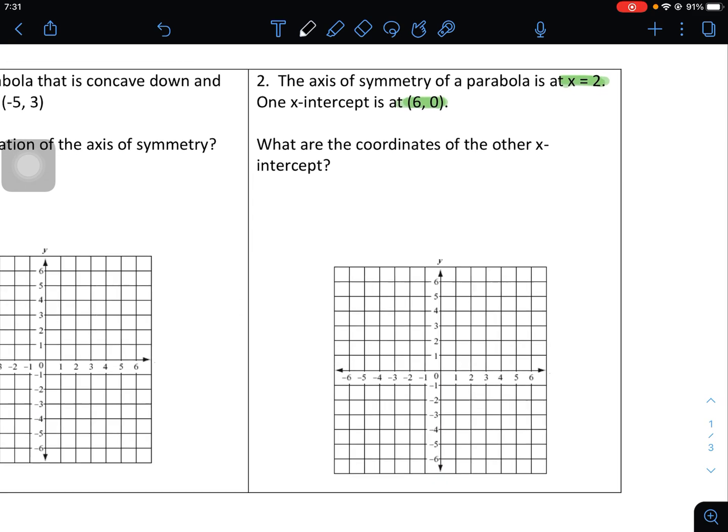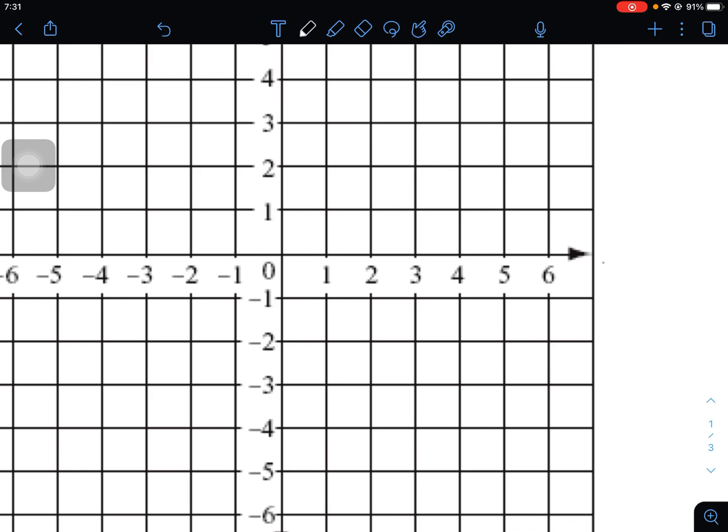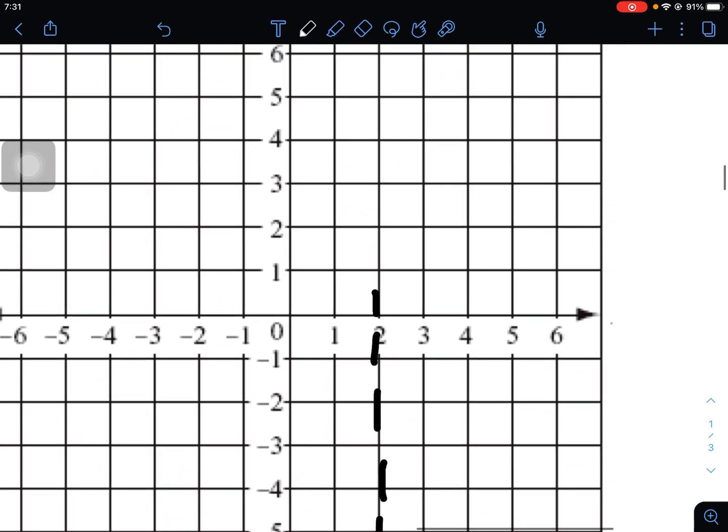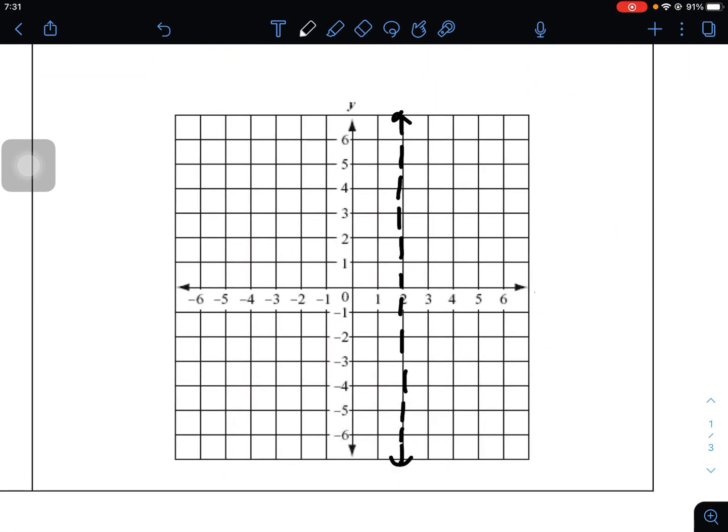Let's graph. If the axis of symmetry is at x equals 2, that's the vertical line that goes straight through the x value, x is equal to 2. It's vertical, it goes straight up and down. This is our axis of symmetry.